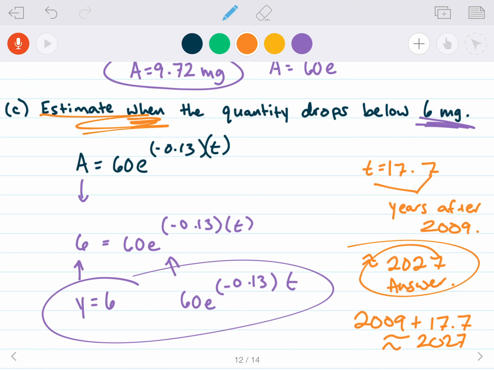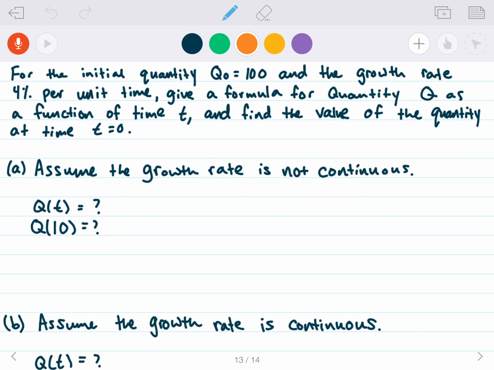Okay, let's work on another example. For the initial quantity Q naught equals 100 and the growth rate is 4% per unit time, give a formula for the quantity as a function of time and find the value of the quantity at time equals 0. So the first part says, and I encourage you to pause the video and see whether or not you can set this up, assume the growth rate is not continuous.